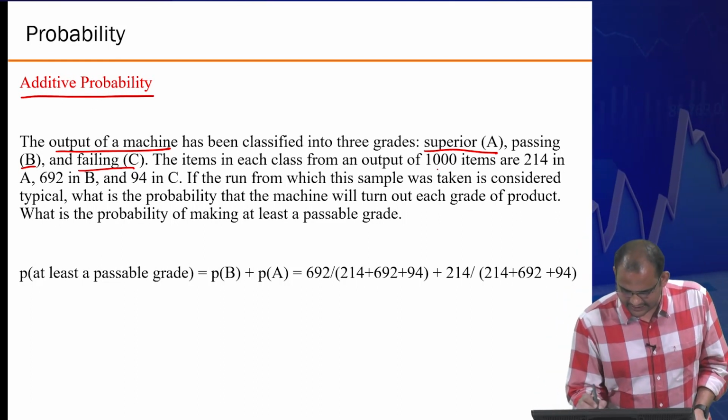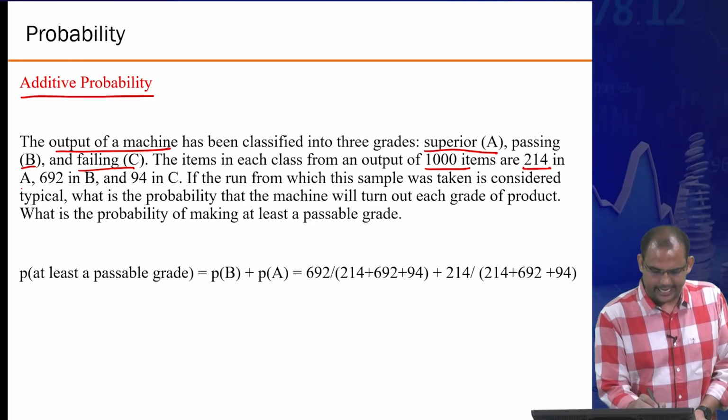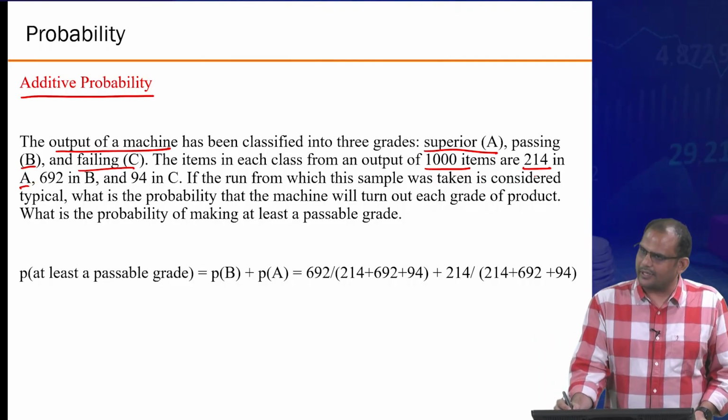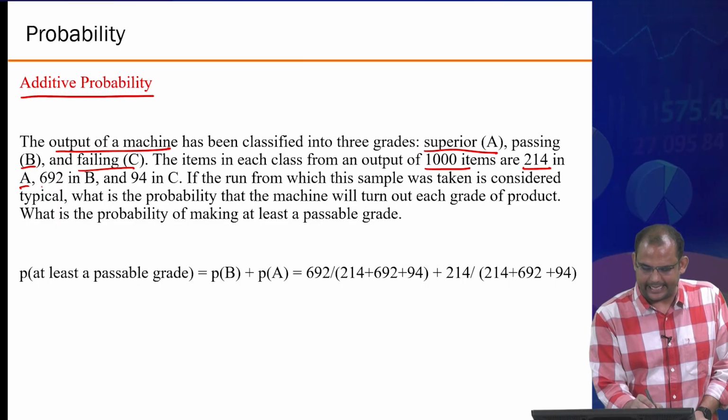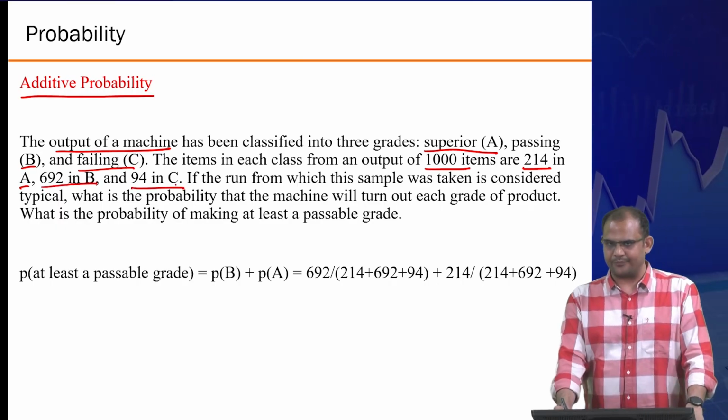The items in each class from an output of 1000 items: you did an experiment for 1000 samples. You got about 214 items in category A, 692 in category B, and 94 in category C, right?